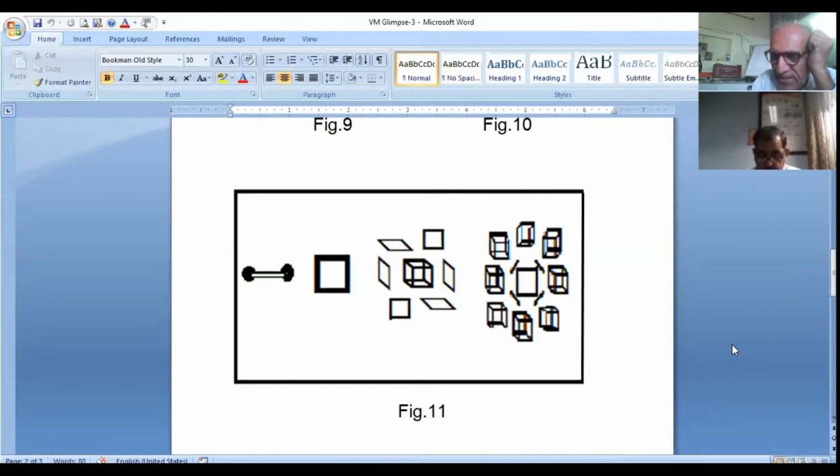The first status of the center of the cube is a point like any other point of the cube. It is just like any other point. The second status of this center is that it is a seat of a force space. It is here where force space is at a point level.